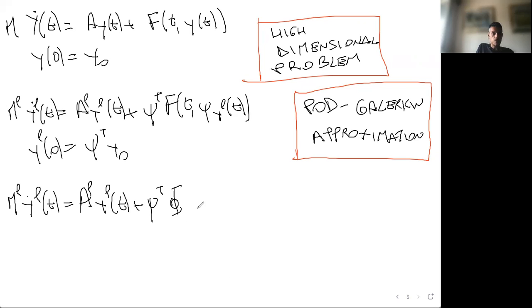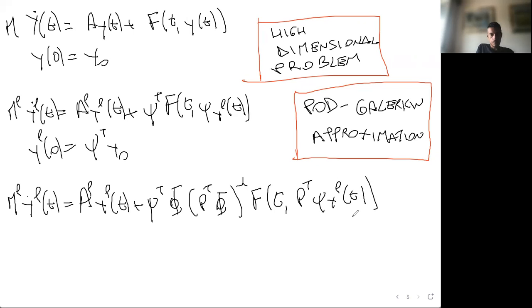So this is going to be Φ (Pᵀ Φ)⁻¹ f(t, Pᵀ Ψ y_l(t)), and again y_l(0) = Ψᵀ y0. So this is the so-called POD DEIM approximation.